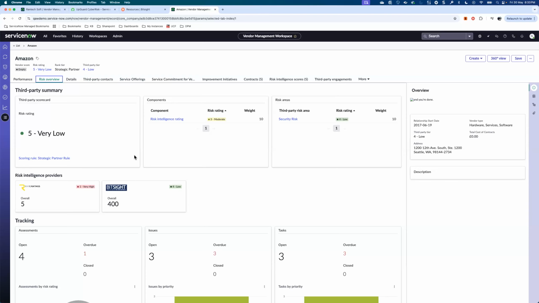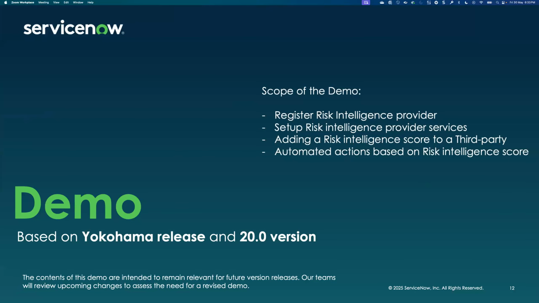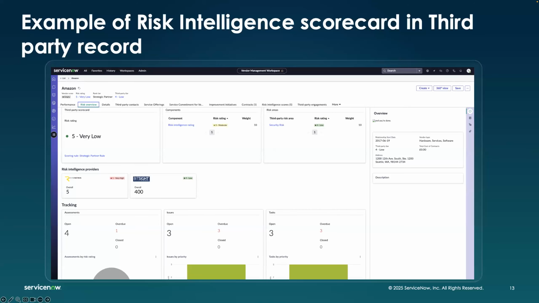Going back to our deck, we have just gone through the demo. I've also captured the screenshot as to how this would look once you have the actual integration built with your risk intelligence provider, and this will keep on getting updated.